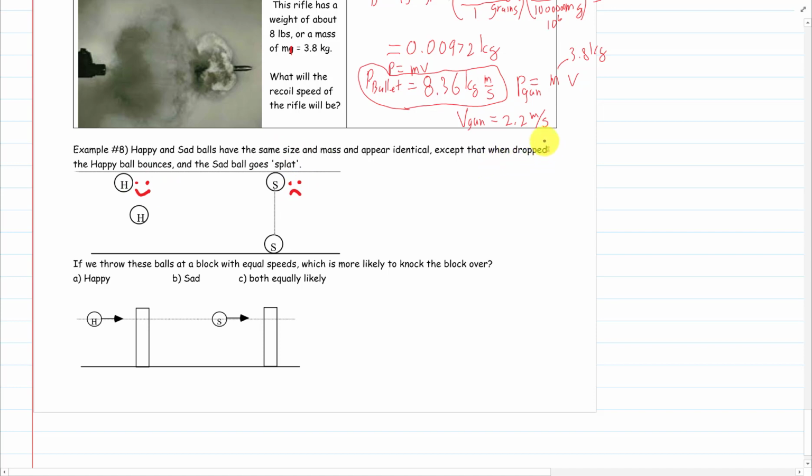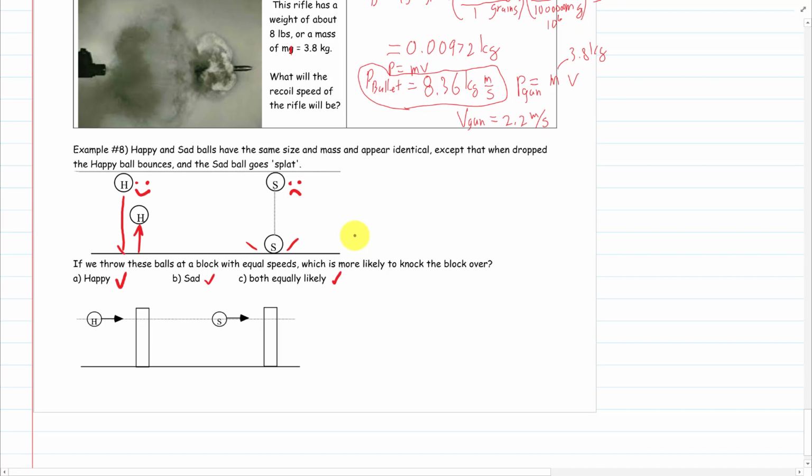Except when they're dropped, the happy one bounces, so it goes down and goes back up. The sad one goes bloop and sticks. It goes splat. If we throw these balls at a block with equal speeds, which one is more likely to knock the block over? The happy one, the sad one, or equal?